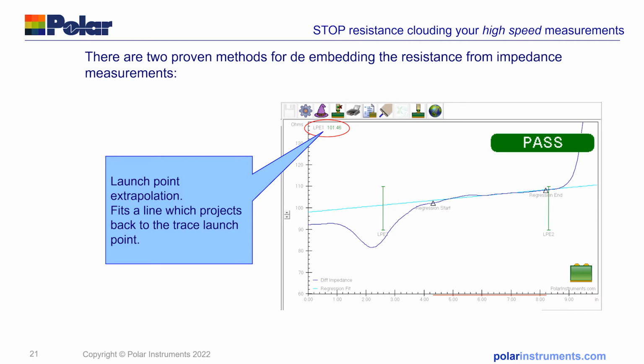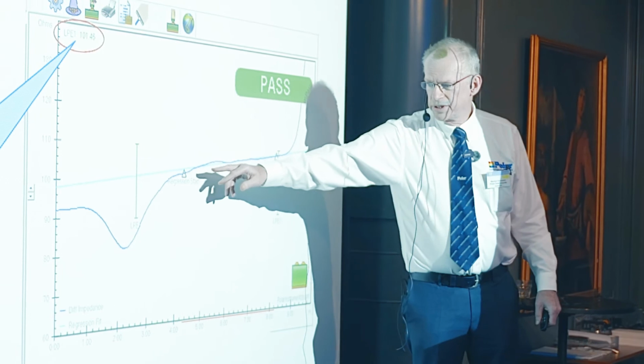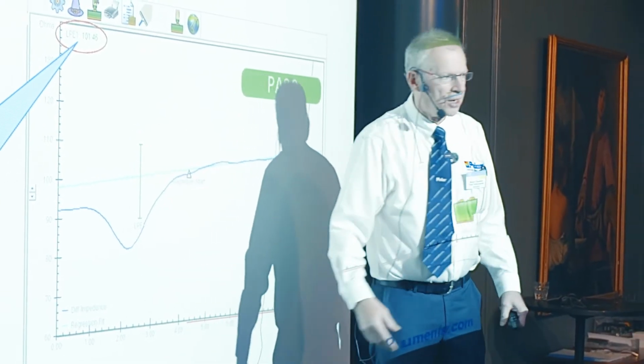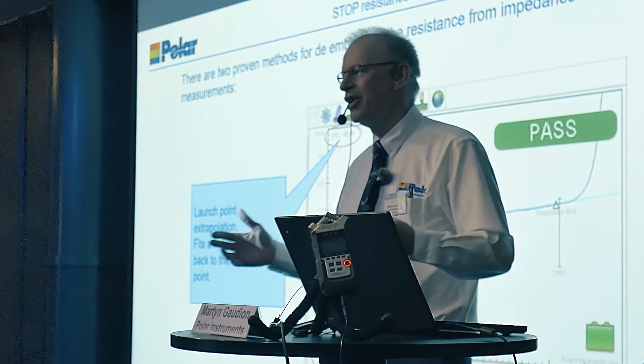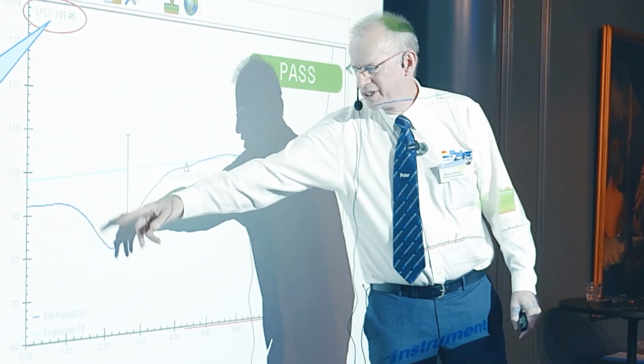There are two proven methods. Some OEMs prefer one to the other. Launch point extrapolation, certainly EIPC have had many discussions about this, where basically you fit a regression line onto the TDR trace and project it back to the start of the coupon. You might say, why don't you measure a zero-length coupon? But when the coupon's very short, the interconnect from the probe interferes with the measurements.